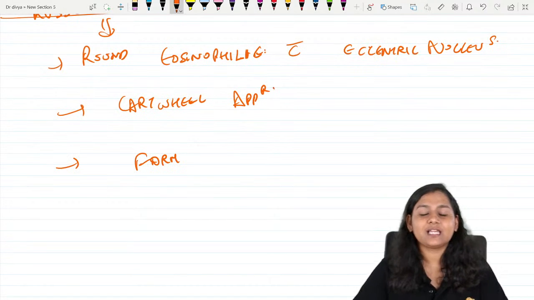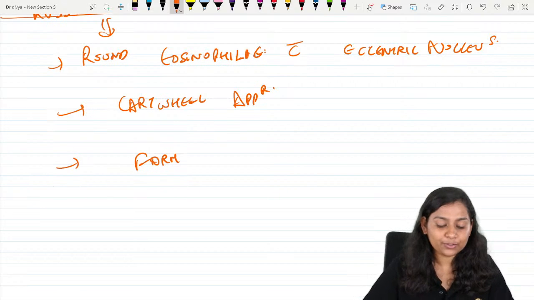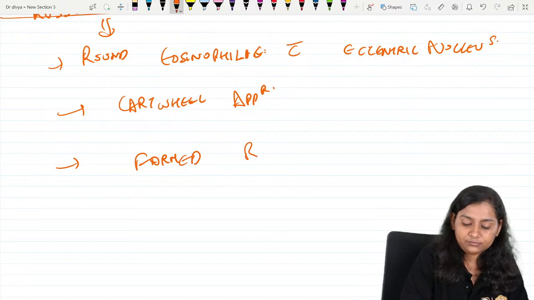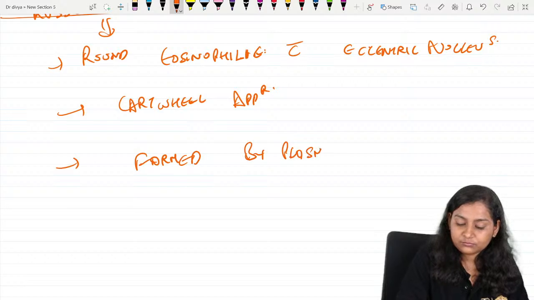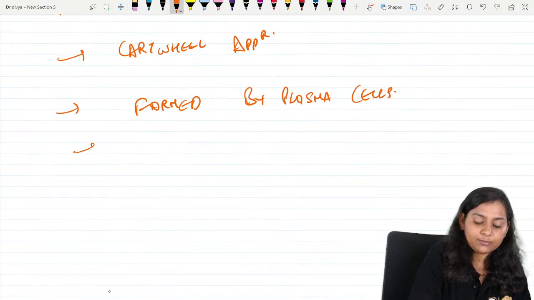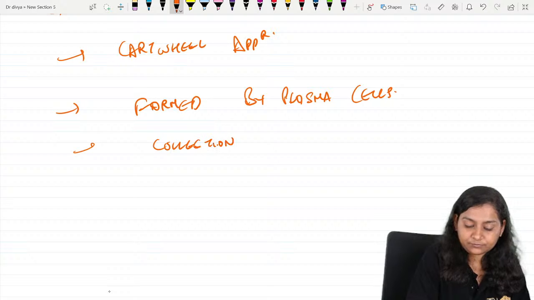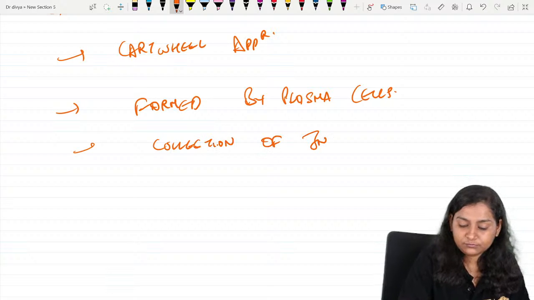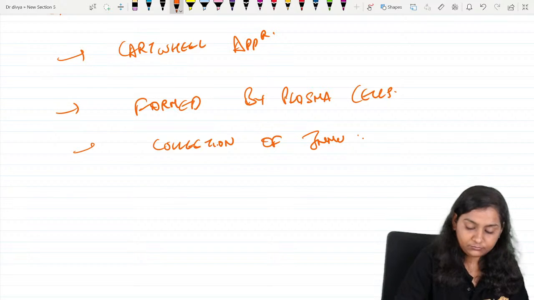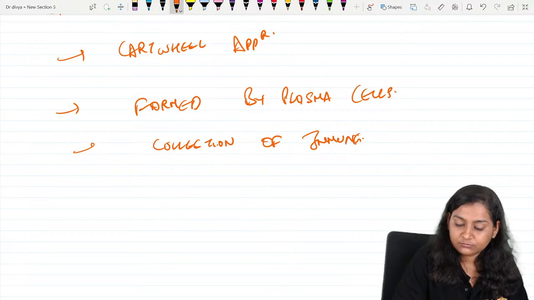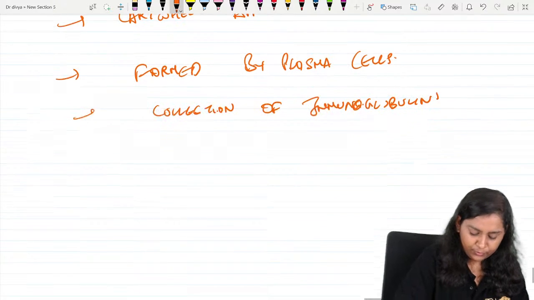These are formed by plasma cells. What are these? These are basically collections of immunoglobulins.